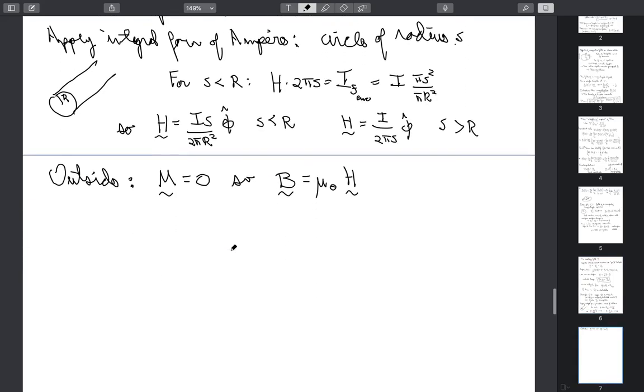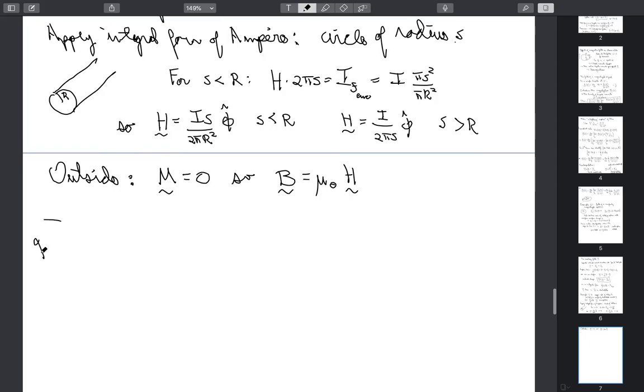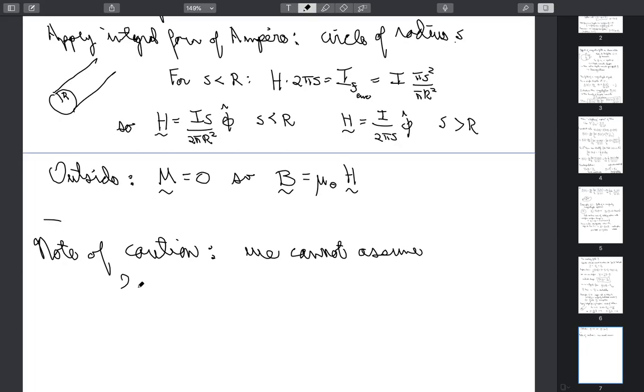Now, one little note of caution. We cannot assume that the H field is divergenceless, so we can't say that this is equal to 0.